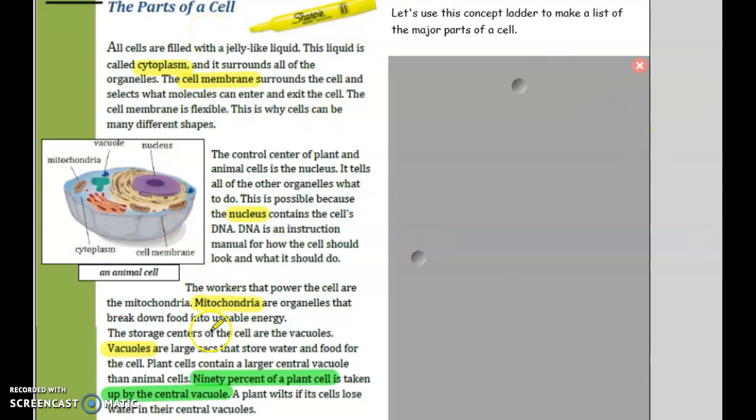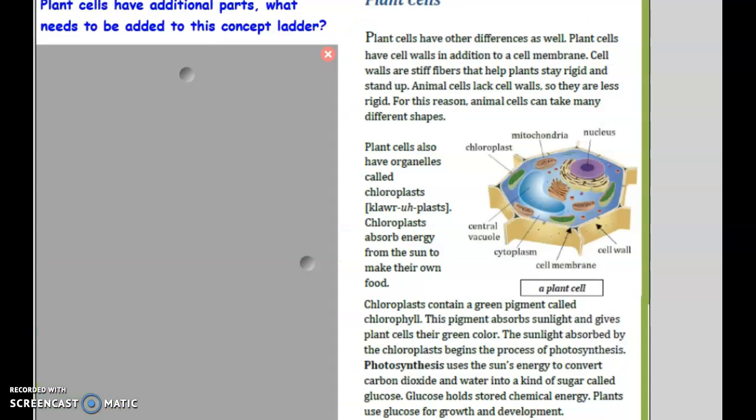So these were some basic things about the organelles for an animal cell. Let's look really quick at the plant cell. So how is the plant cell the same and different? Well, it also has organelles. It also has that cytoplasm, that liquid all around it. It also has a cell membrane, but one thing that it has that the animal cell does not is a cell wall.